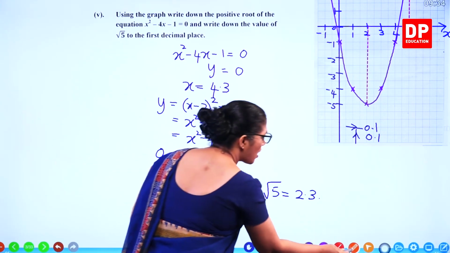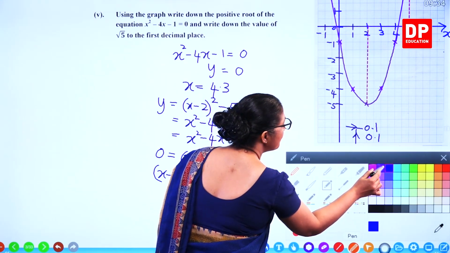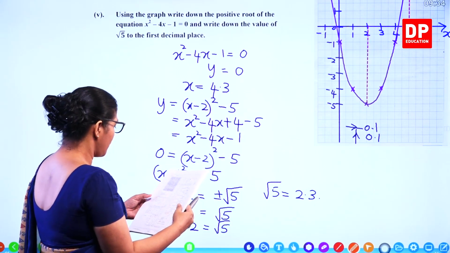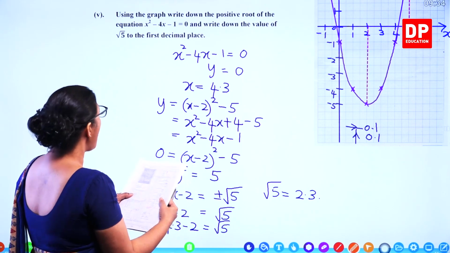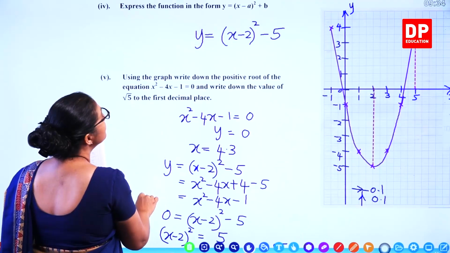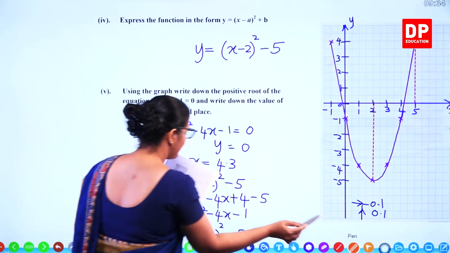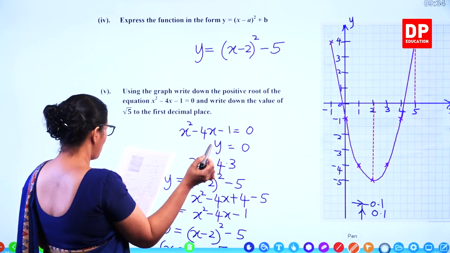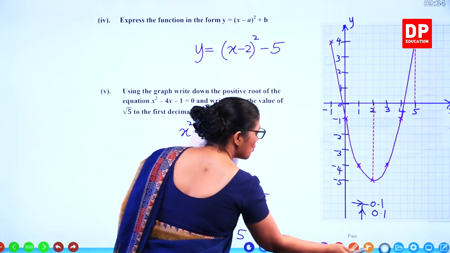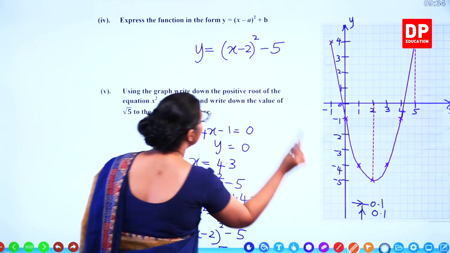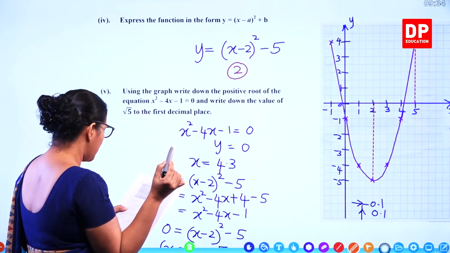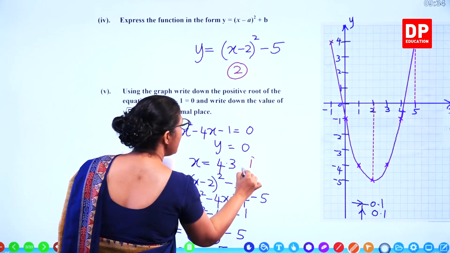So how many marks for this step? You get 2 marks for writing down the equation x minus 2 squared minus 5. And then writing the root, 1 mark, 4.3.